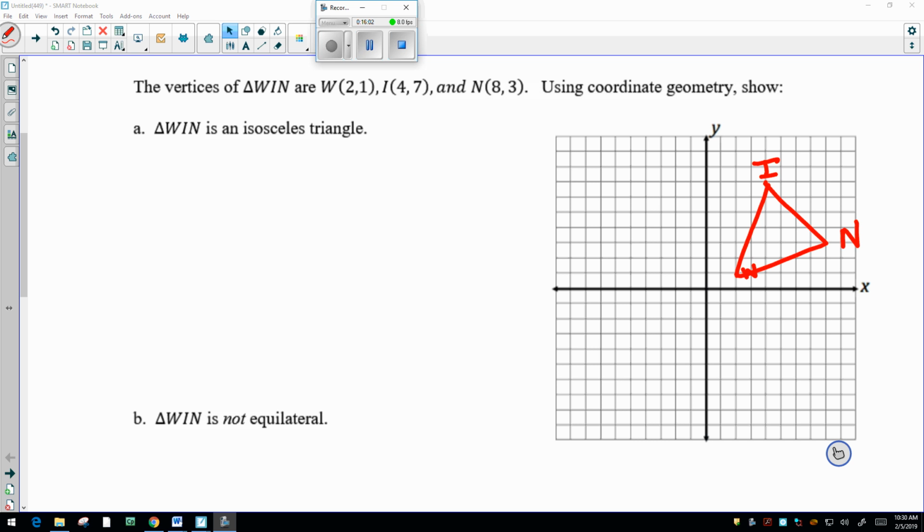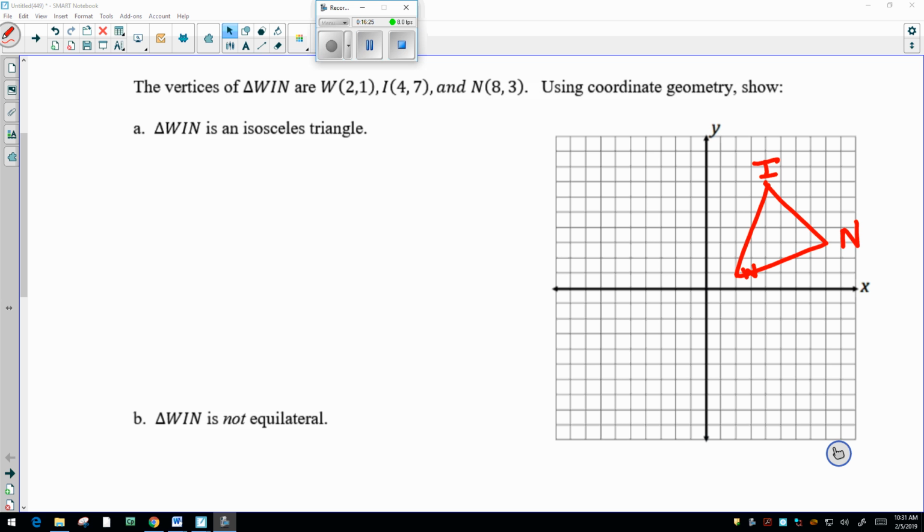What is an isosceles triangle? A triangle with 2 equal sides. What's an equilateral triangle? All 3 are equal. Equal meaning, what am I testing? Distance, midpoint, or slope? Distance, right? Because length. They want to know how long it is. I want to know how big they are.